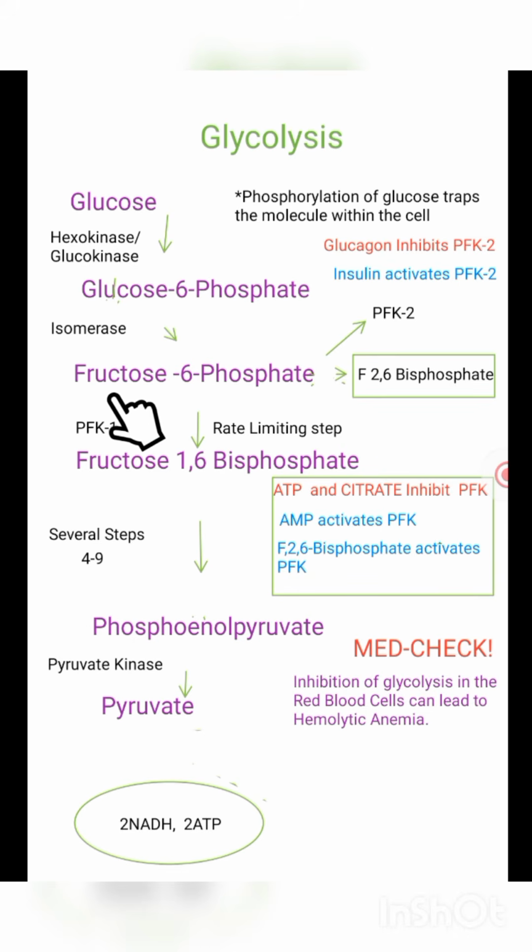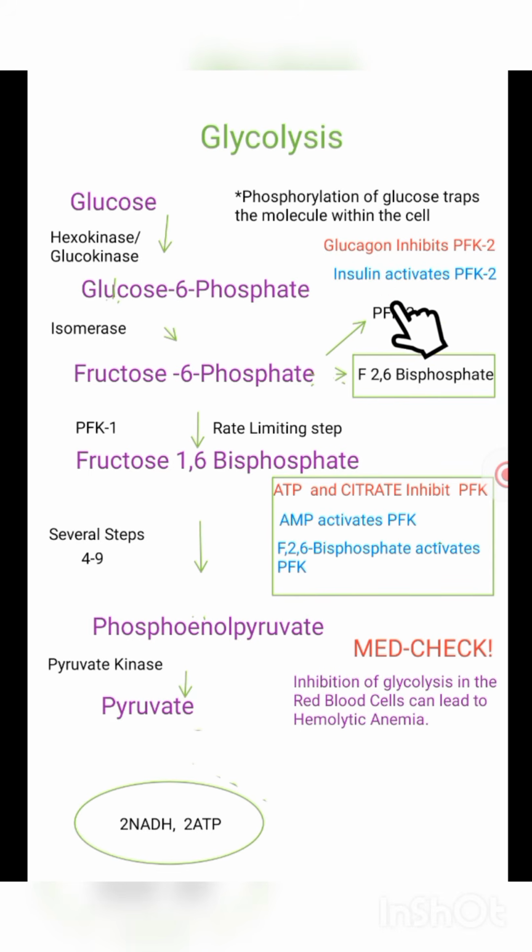Now, the conversion of fructose 6-phosphate to fructose 2,6-bisphosphate is catalyzed by PFK2, which also has its own regulation. For instance, glucagon may inhibit this enzyme, so you may not have this produced in the presence of glucagon.